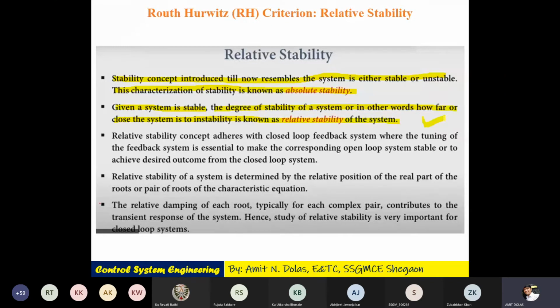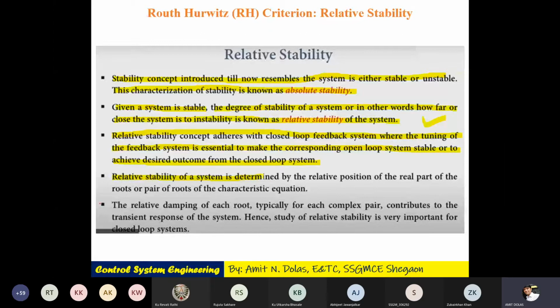I will quote one example for this. The relative stability concept adheres to closed loop feedback systems, where tuning of the feedback system is essential to make the corresponding open loop system stable or to achieve the desired outcome from the closed loop.